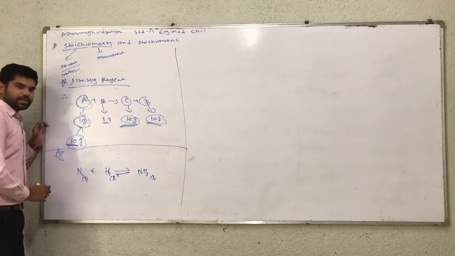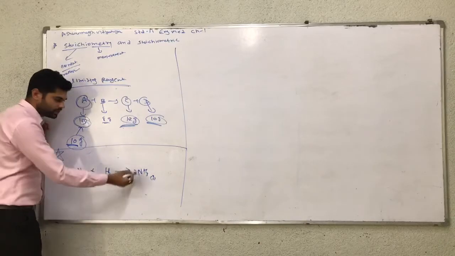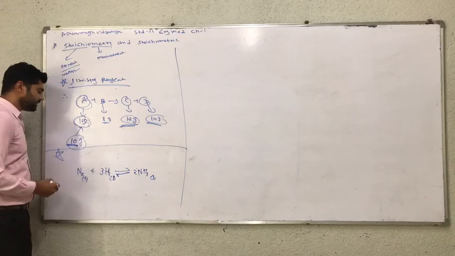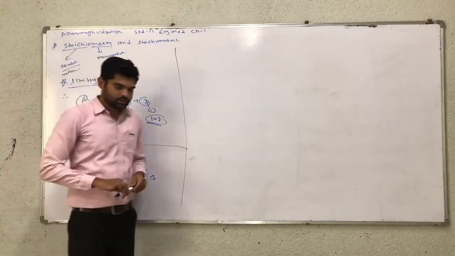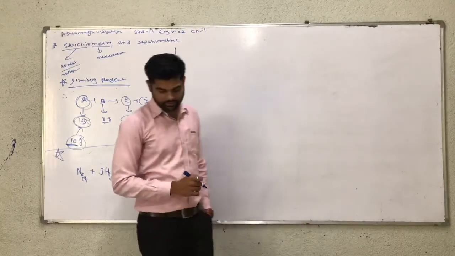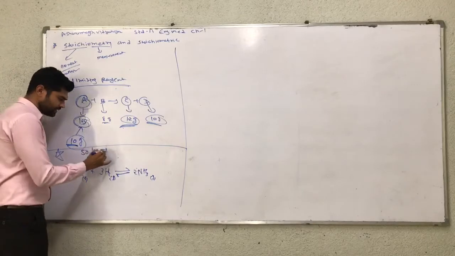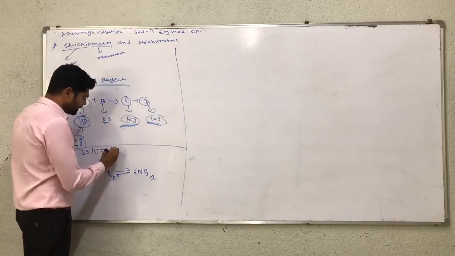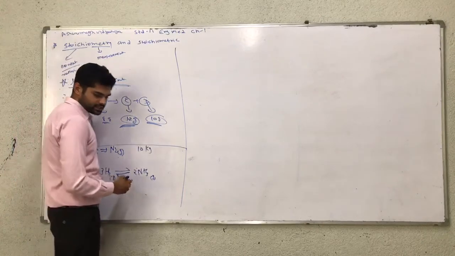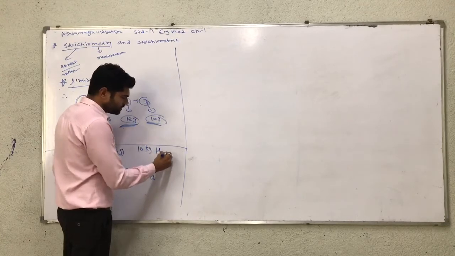Now balance the chemical equation. N2 here is 1, therefore H2 is multiplied by 2 into 3, 6. Now the given details: we are given 50 kg of N2 gas and 10 kg of H2 gas.